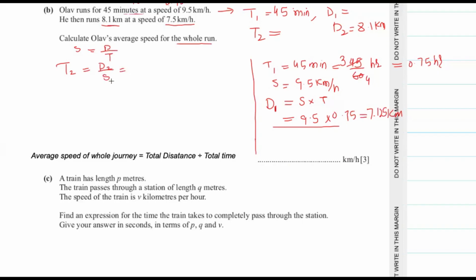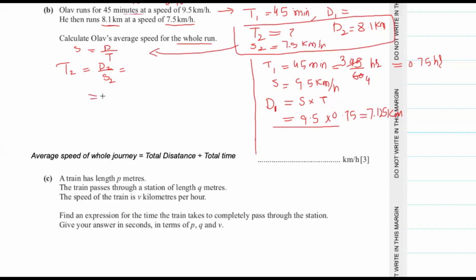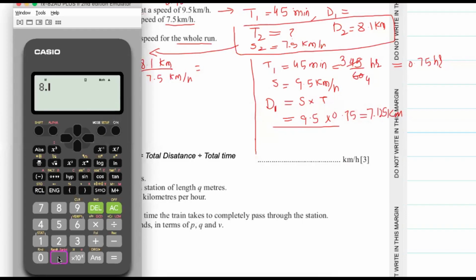When we divide this distance D2 by speed, here the speed in the second part of the journey is 7.5 kilometer per hour. Time will be equal to distance, here 8.1 kilometer, divided by 7.5 kilometer per hour. This value will be equal to 8.1 divided by 7.5, and this will be equal to 1.08.